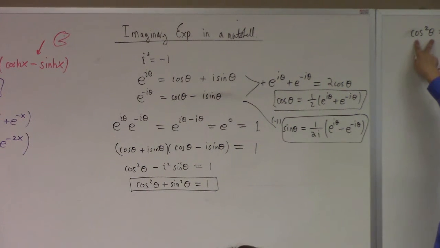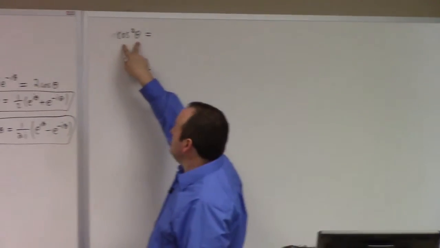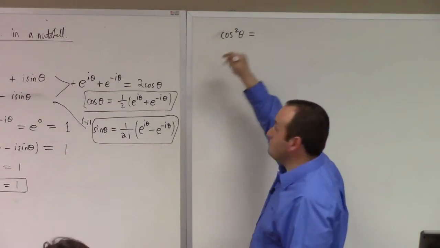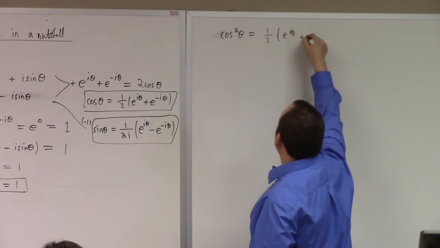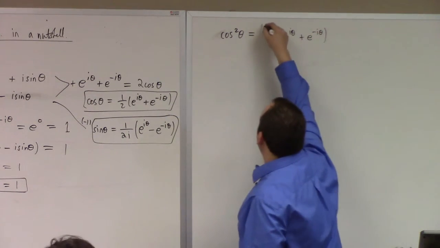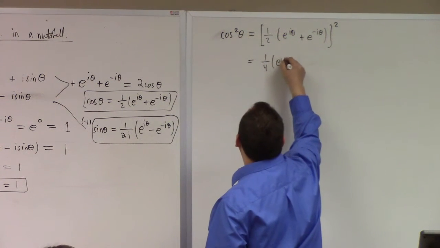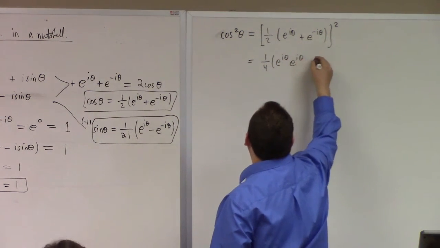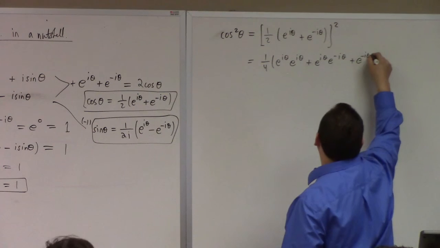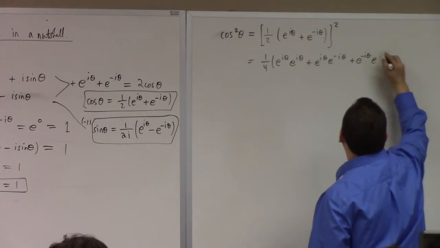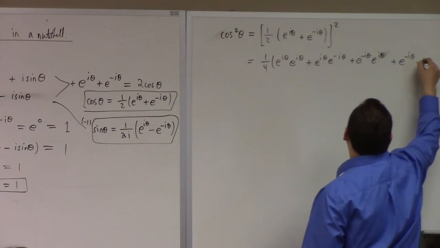So suppose I want to derive an identity for cosine squared theta with this newfound insight. All I have to do is convert it to imaginary exponentials. So what I face is (1/2 (e^(i theta) + e^(-i theta)))^2. I square that. What do I get? I'll write it all out in gory detail. Those are the terms.